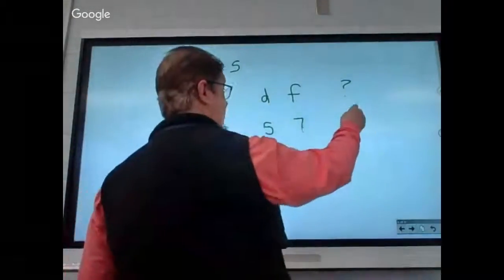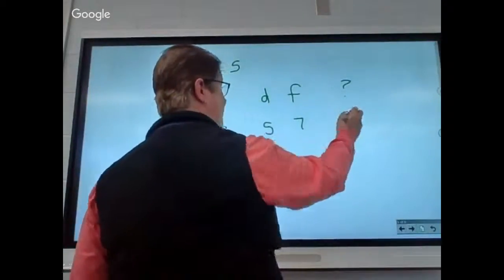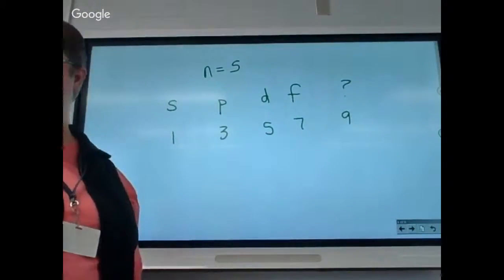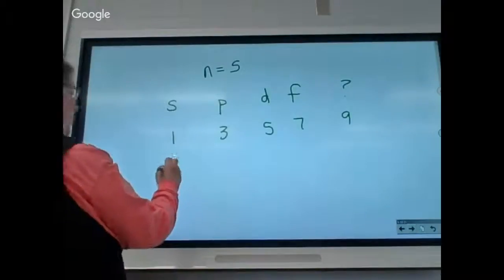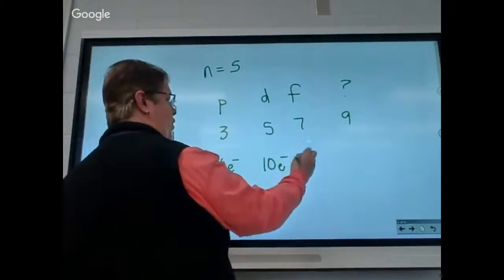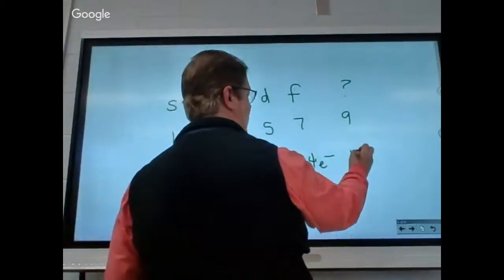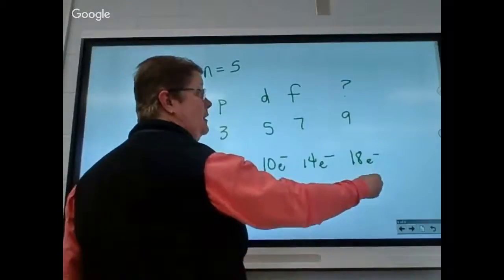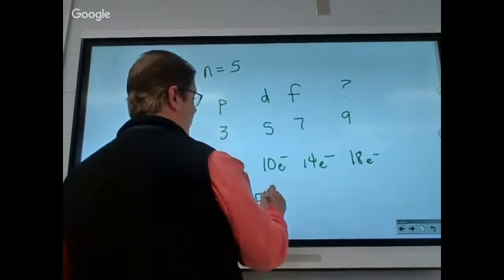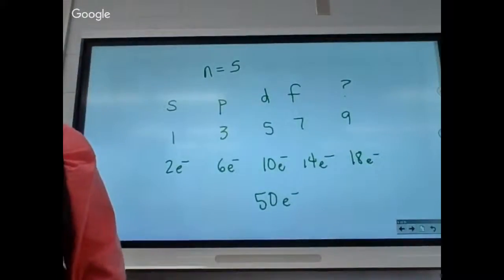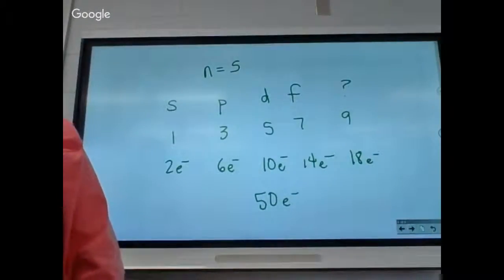Okay, y'all can do that pattern, right? Y'all just yelled it out for me. 9. And there's how many electrons per each? 2. So 2 electrons, 6 electrons, 10, 14, 18. So we knew that was 32. 32 plus 18 is 50 electrons. If I said we had an energy level of 5, could you figure out how many electrons?